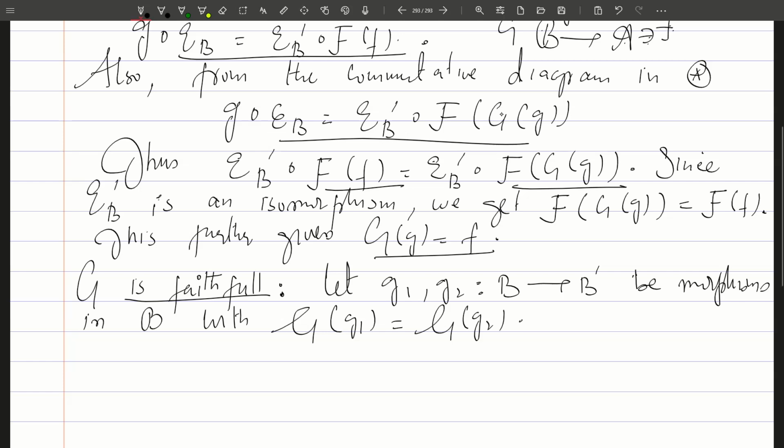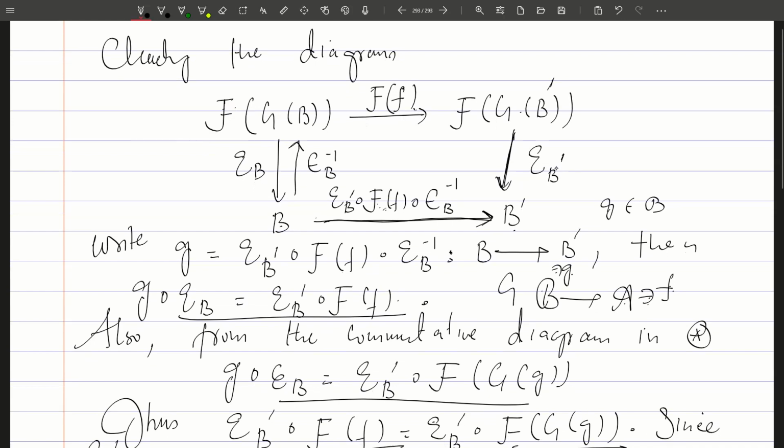Again, we are going to use the diagram in star. Let us first draw the diagram here. So we have F of G of B to F of G of B prime.